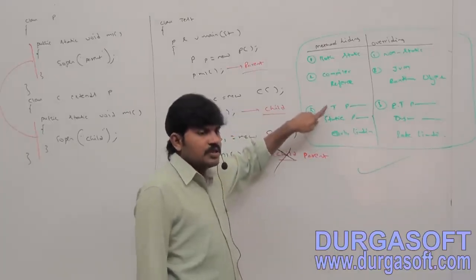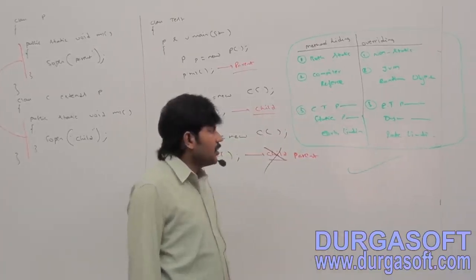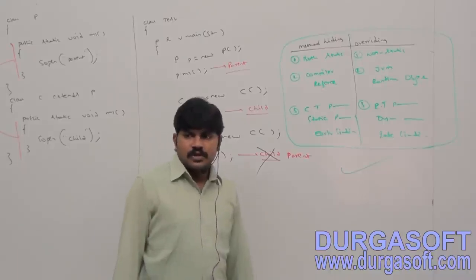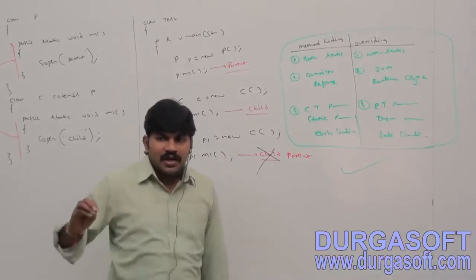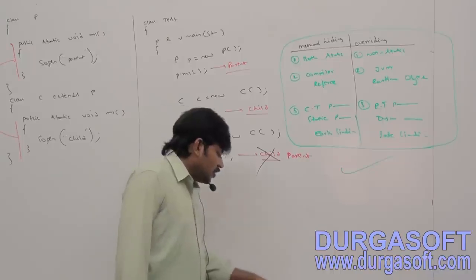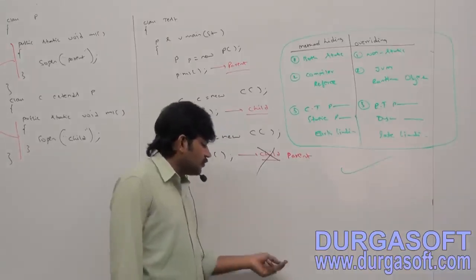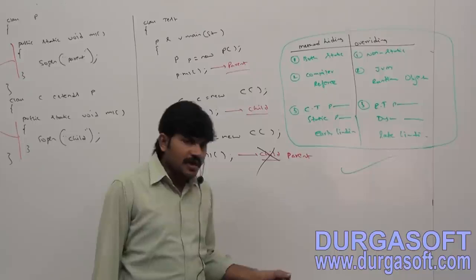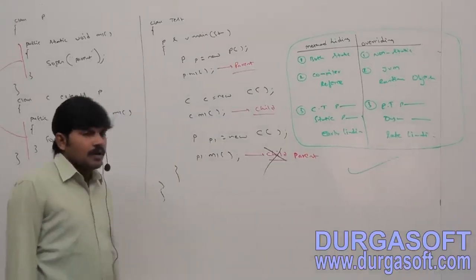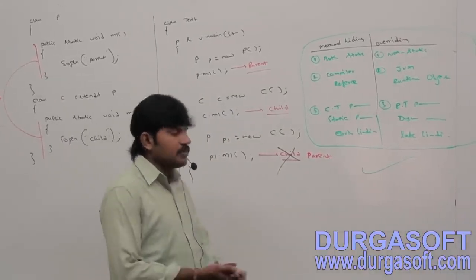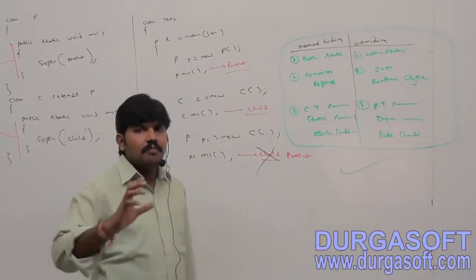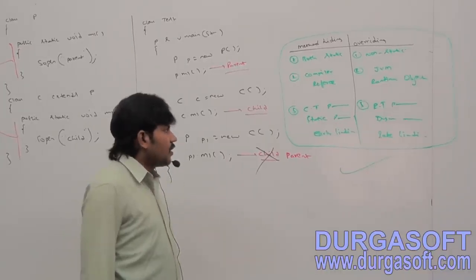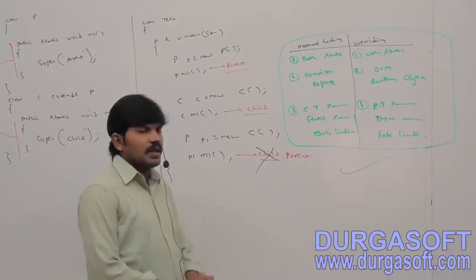Next, it is also known as compile time polymorphism or static polymorphism or early binding.